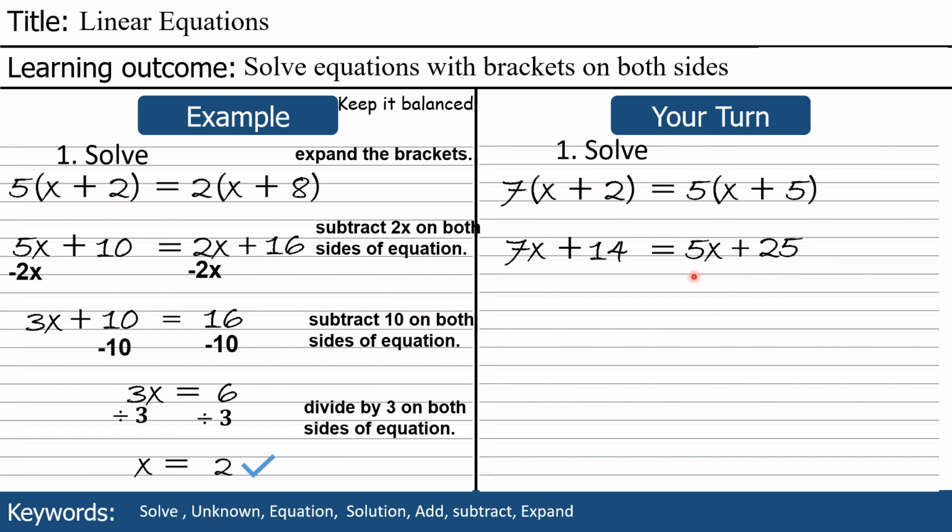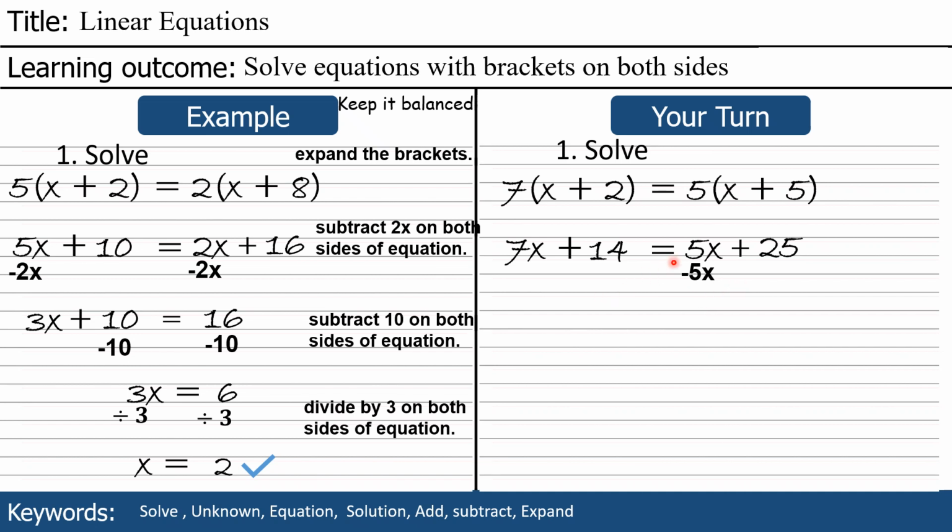Now we group all the x's on one side of the equation, and here we have a 5x. So the reverse of add 5x is subtract 5x, and we subtract 5x on both sides of the equation.